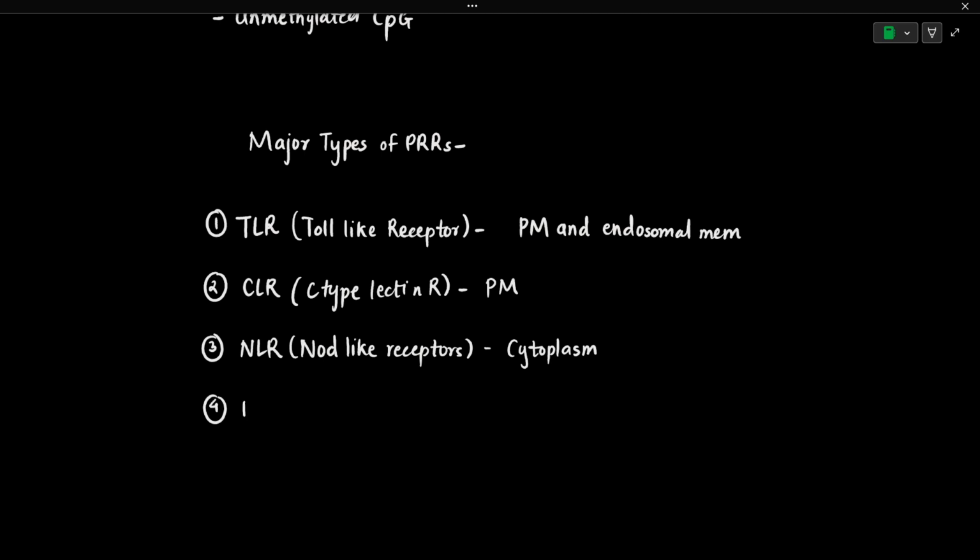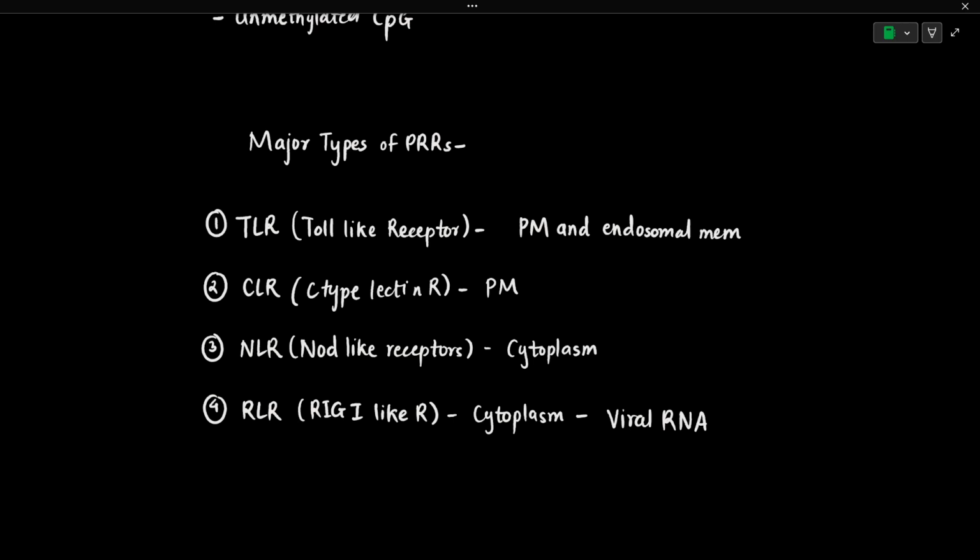Then there is a different type of PRR known as RLR, or RIG-I-like receptor. These RIG-I-like receptors are also present intracellularly, so they are cytosolic ones, and they recognize nucleic acids, specifically viral RNA.